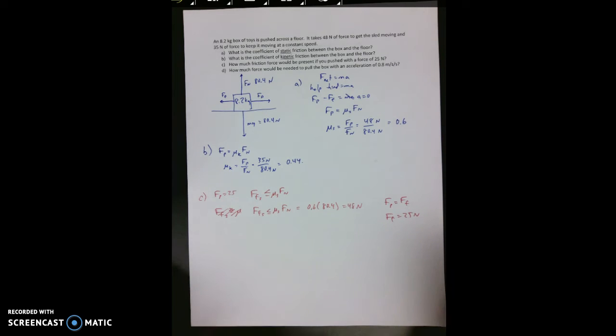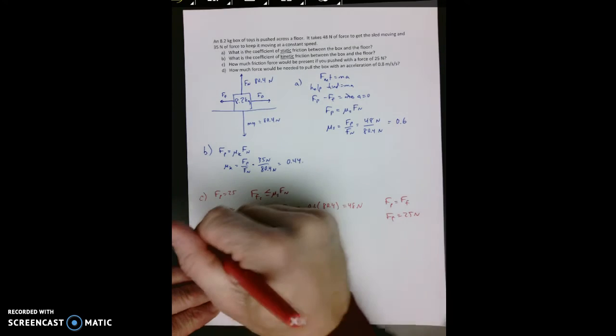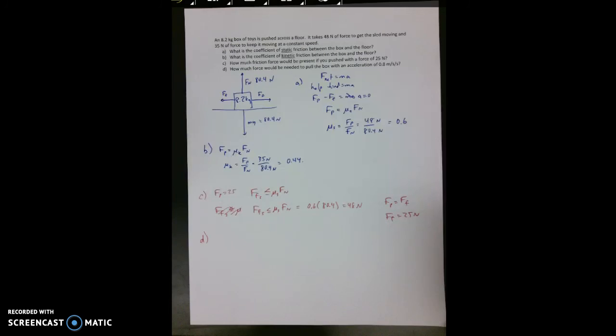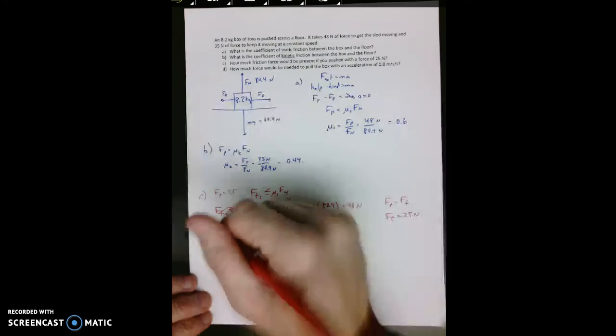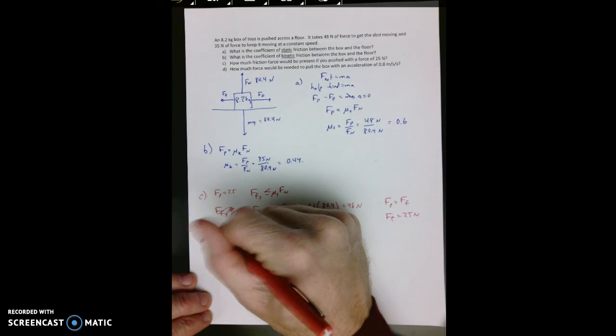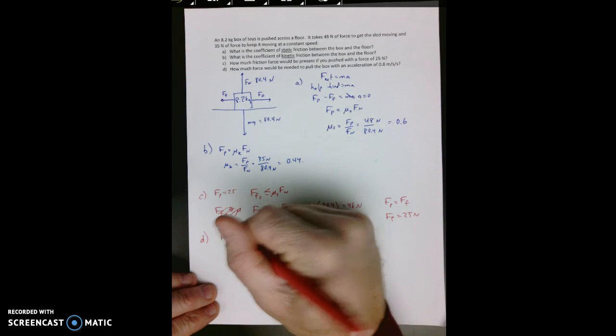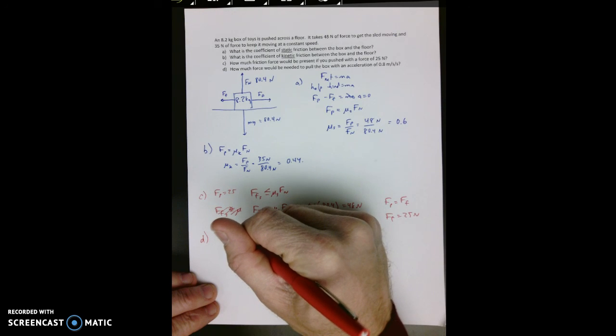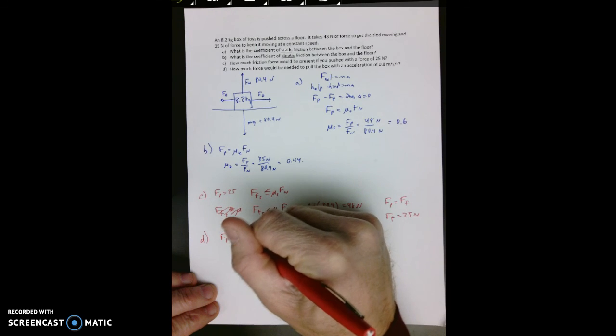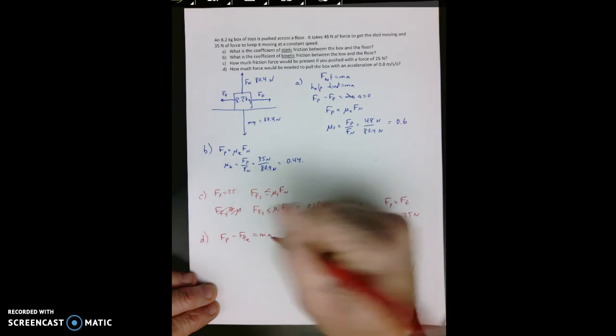And then I look at D. How much force would be needed to pull the box with an acceleration of 0.8 meters per second squared? So if I'm pulling it and it's accelerating, that would imply I must be dealing with kinetic friction. So my pulling force minus the force of friction that is kinetic equals ma.